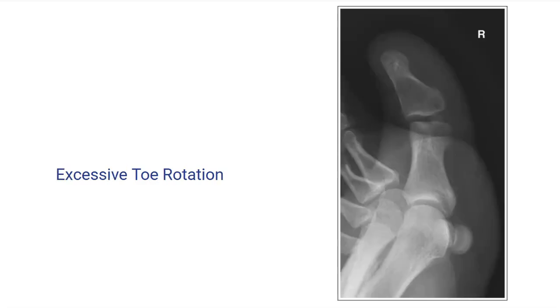When there's excessive toe rotation, the condyles of the proximal phalanx are not superimposed again, and the metatarsal heads will appear either superimposed or anterior to the first toe. This should indicate to you that the toe and foot are rotated too much for the proper lateral projection.